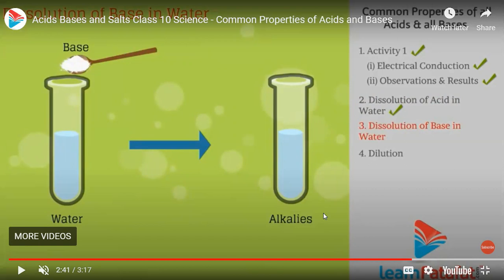Few bases like NaOH are easily able to dissolve in water and form an alkali. But bases such as calcium hydroxide cannot dissolve in water easily. So that means it doesn't come under the category of alkalis.